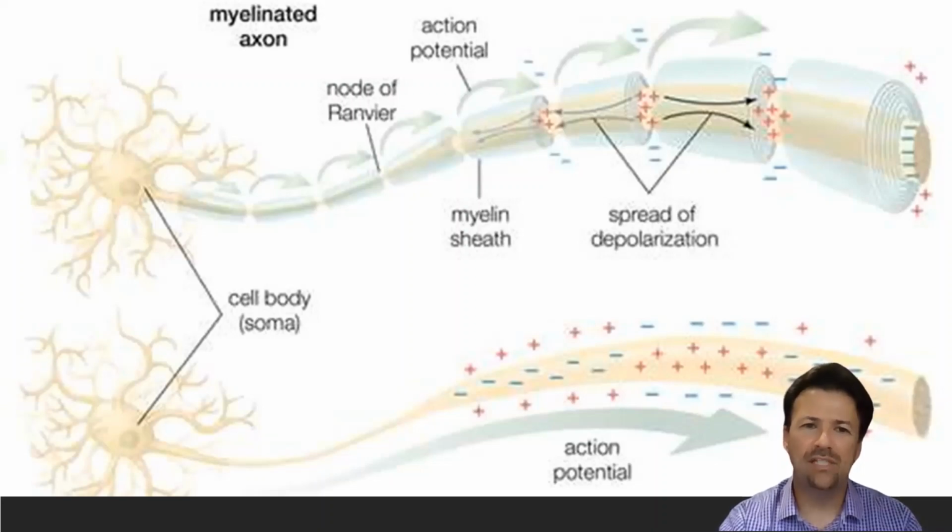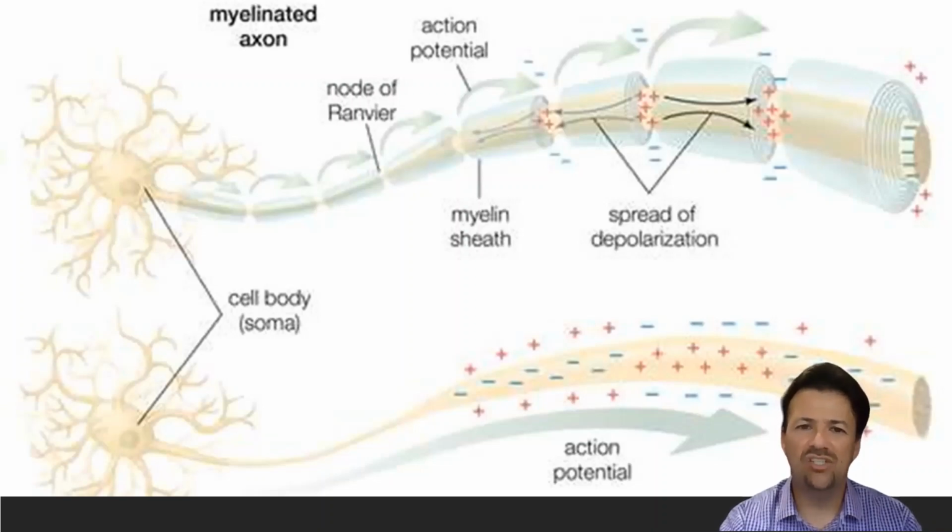So what happens is when an action potential is generated at one node, the positive charge, once it enters, flows to the next node. And here you have voltage-gated sodium channels. The depolarization here causes an action potential to generate here. And then the next one flows over here, and you get an action potential here. And the next one flows over here, and you get an action potential here.